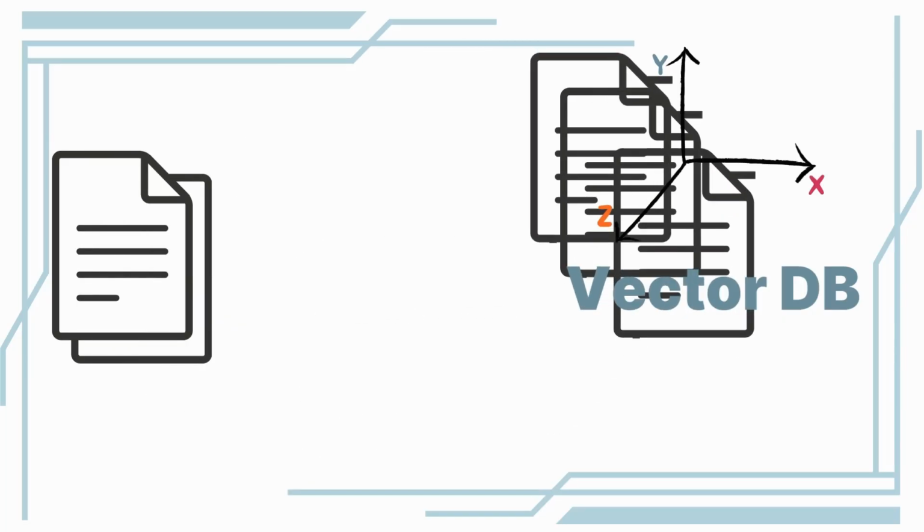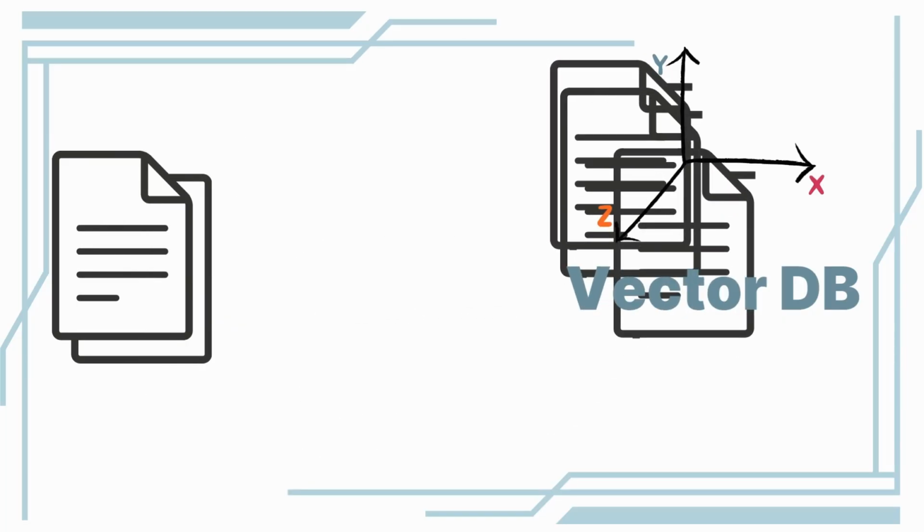If it's text we're talking about, you're probably going to be vectorizing the semantic meaning of pages or sections of your document, and then turning that into vectors that are going to be stored within a local vector database.